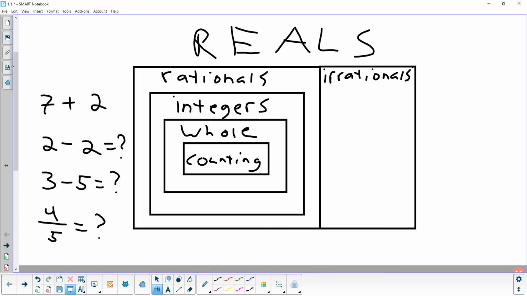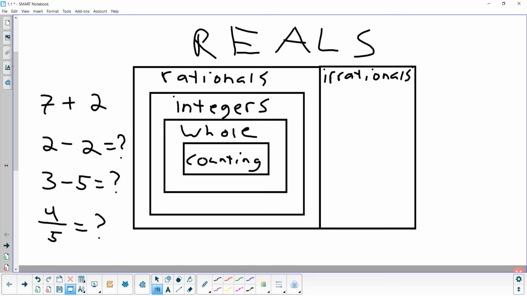If you buy something at a store, it might cost in between dollar amounts. It might not be $20, might not be $21, might be $20.50, right? Somewhere in the middle. So that 50 cents, that's a 0.5, that's a fractional part of a dollar. So rational numbers are all the numbers we can write as fractions.